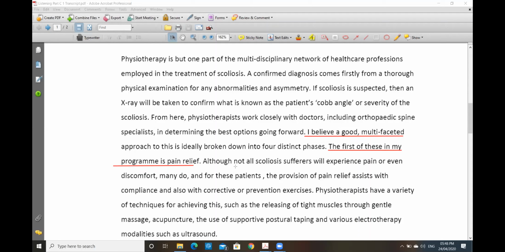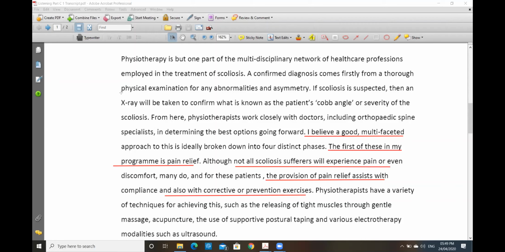So maybe not all patients would have pain, but provision of pain relief assists with compliance and also with corrective and preventive exercises. And then there are different variety of ways to achieve this. So nothing about medication as such.